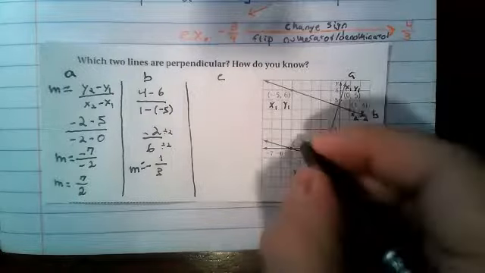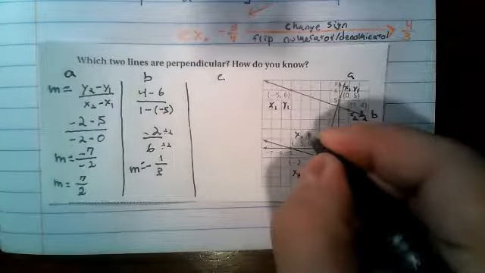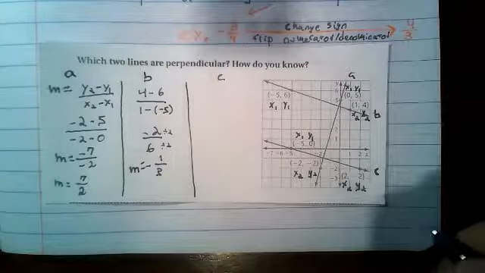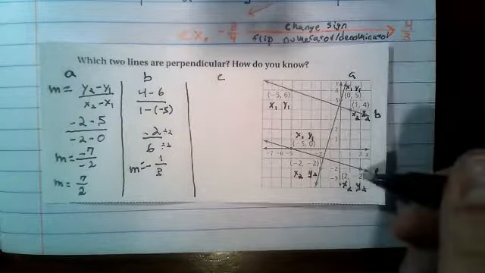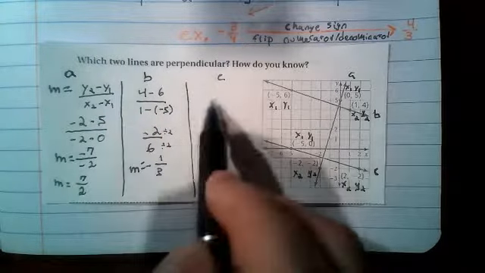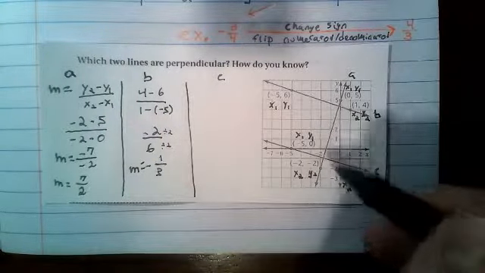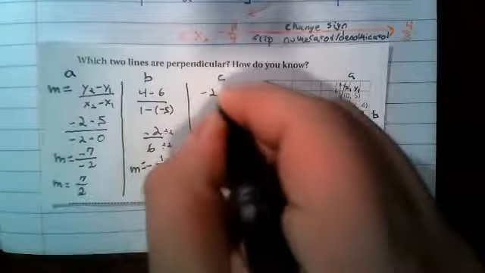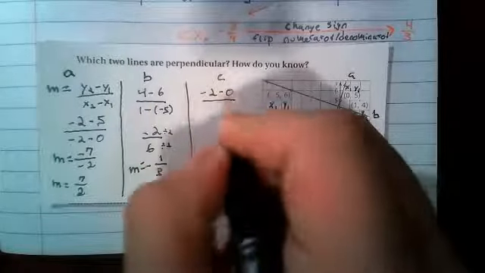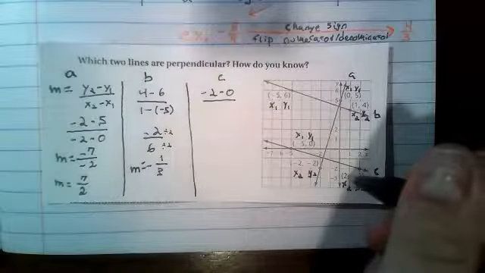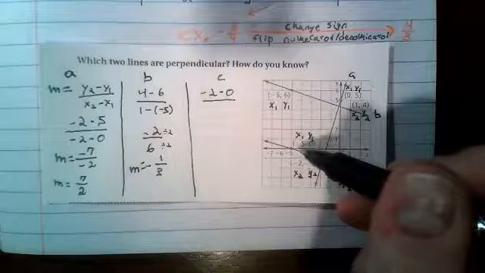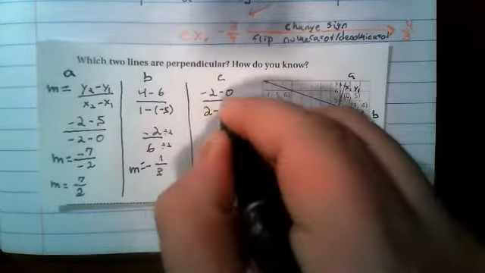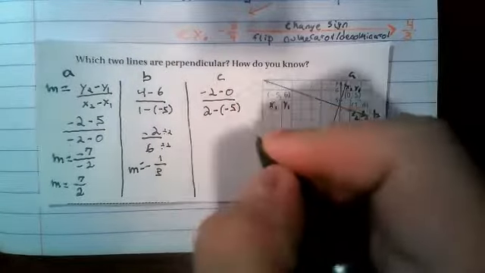Let's label our points, x1, y1, x2, y2. I have my slope formula over here, so that's y2 minus y1, which is negative 2 minus 0, over x2 minus x1, which is going to be 2 minus negative 5.